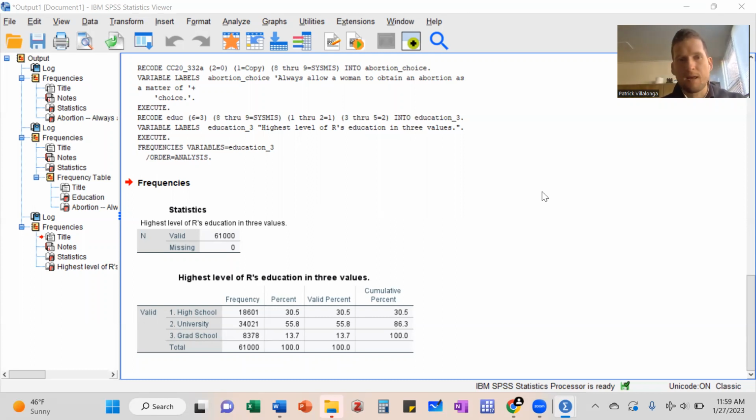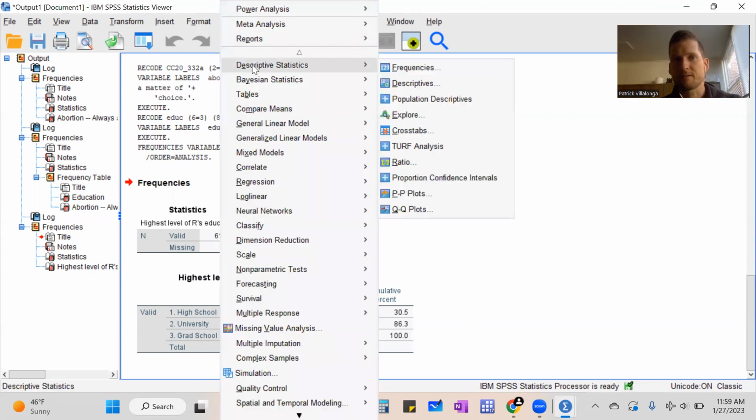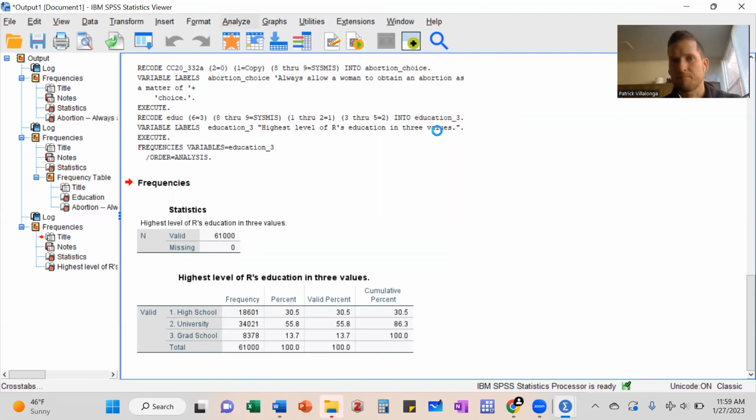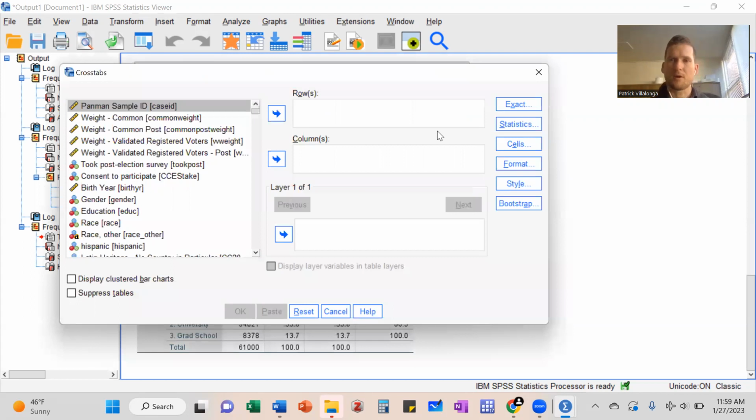To run a cross-tabulation, we are going to go to Analyze, Descriptive Statistics, and then Crosstabs. Cross-tabulation allows you to see how one variable might influence another variable, right? It starts to get you to see maybe some causal relationship between two things, okay?